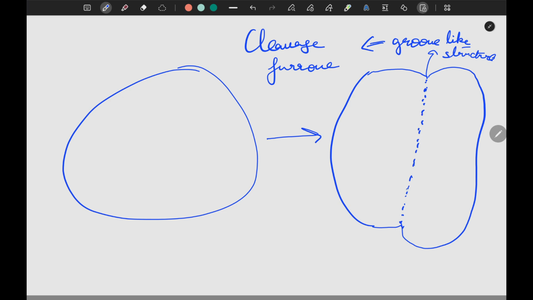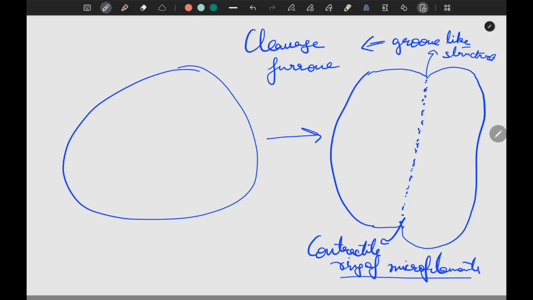This type of division is going on where we can call this contractile ring of microfilaments. So basically what happened here is this contractile ring of microfilaments will get tightened, and due to this the cleavage furrow will get deepen, and it pulls the membrane inward around the midzone, and thus division happens.